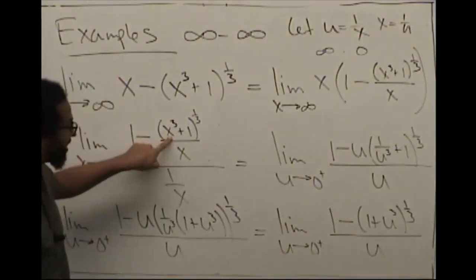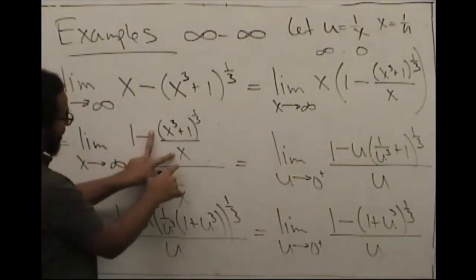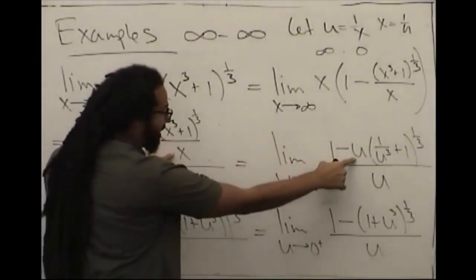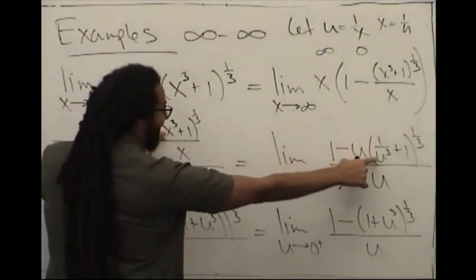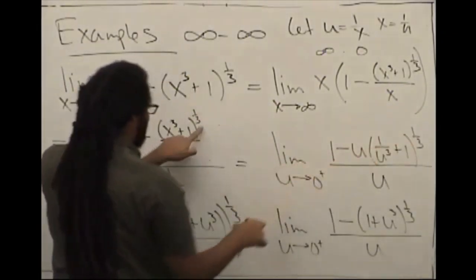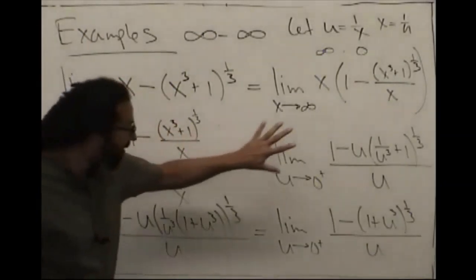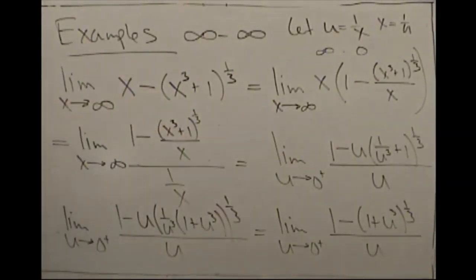And so x cubed then is 1 over u cubed. So I get u from this 1 over x out here. And then in the parentheses, I get 1 over u cubed plus 1, and then raise that to the 1/3 power. So make sure you're good on how I got from here to here. Now this is a much easier thing to deal with.